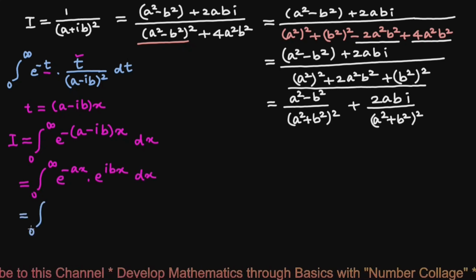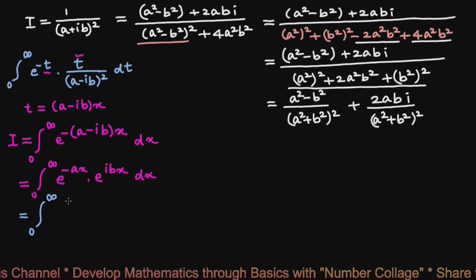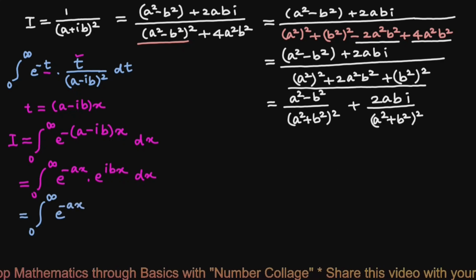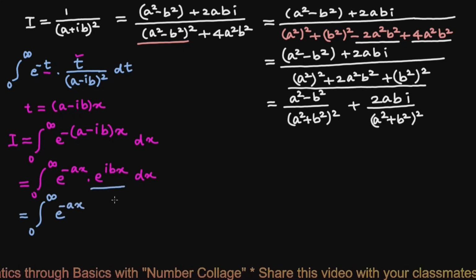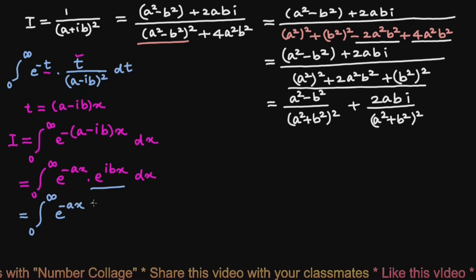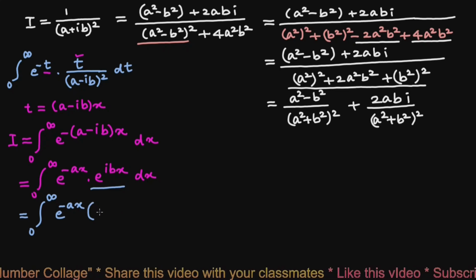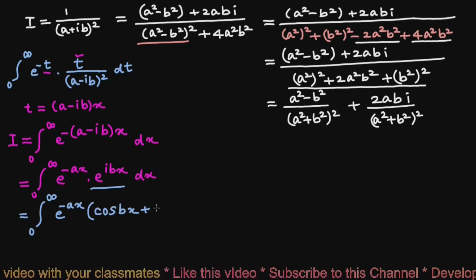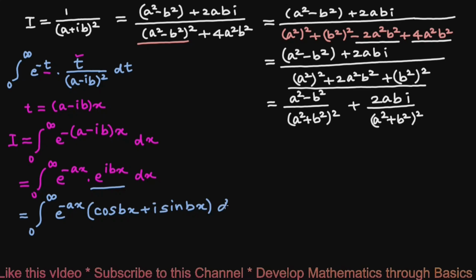This will be integral from 0 to infinity of e raised to minus ax. Now this e raised to ibx is the exponential form of a complex number, which in the polar form can be written as cos bx plus i sin bx into dx.